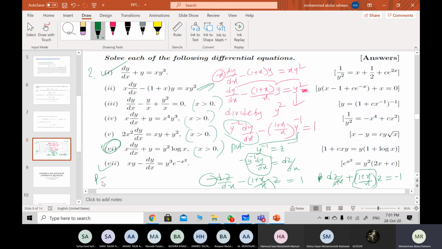How much is p? The z coefficient. The integrating factor is e power integral p dx, which is 1 over x plus integral of x1 dx. From here I will do it also on paper, better.